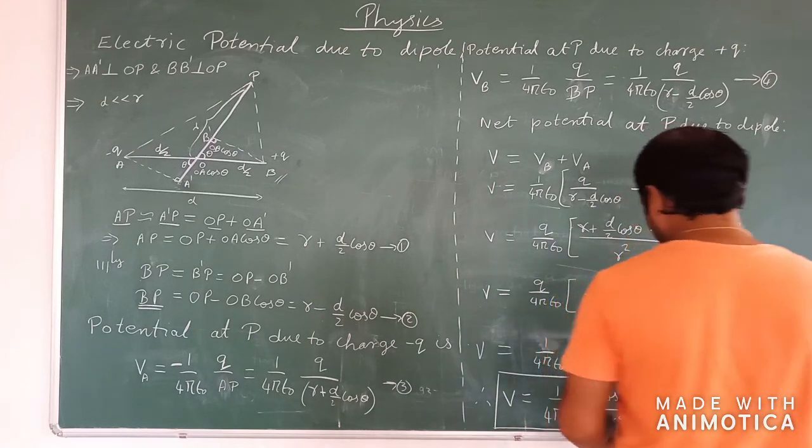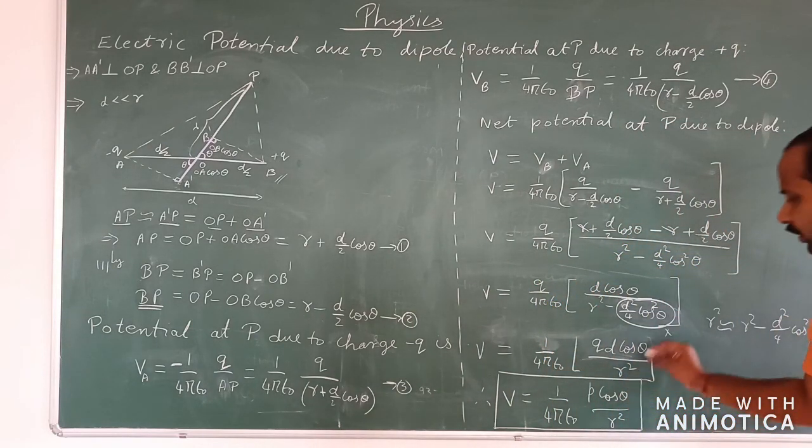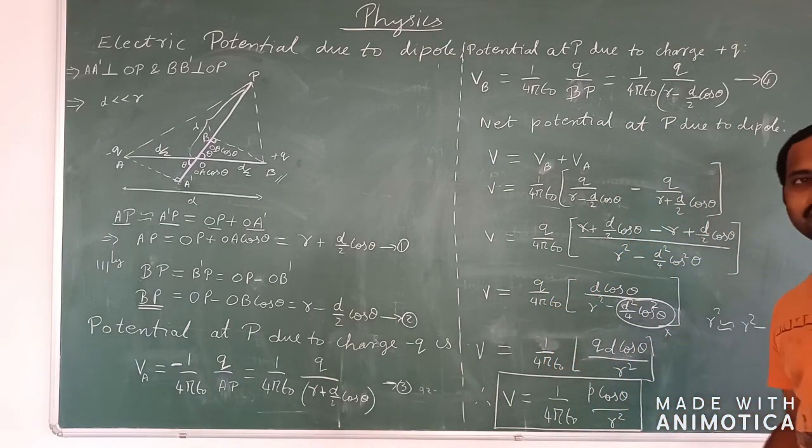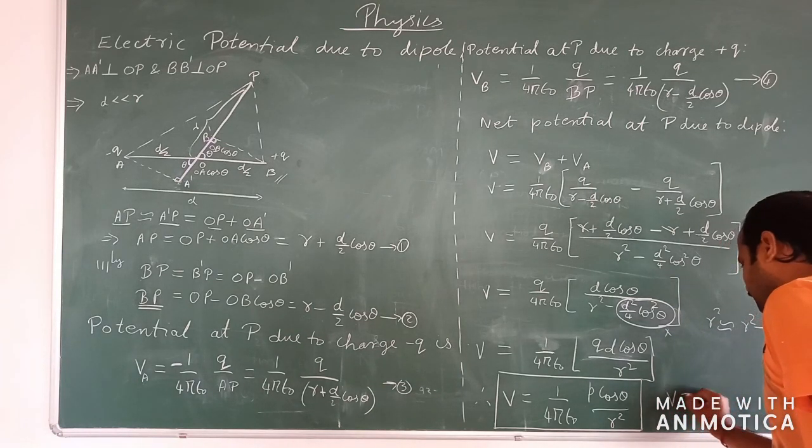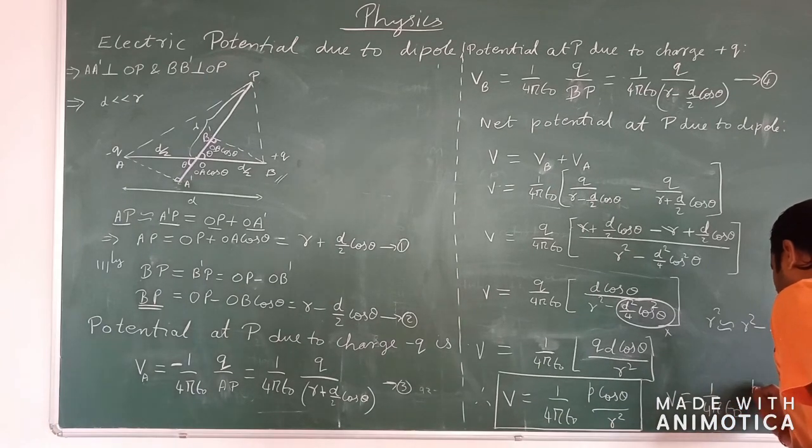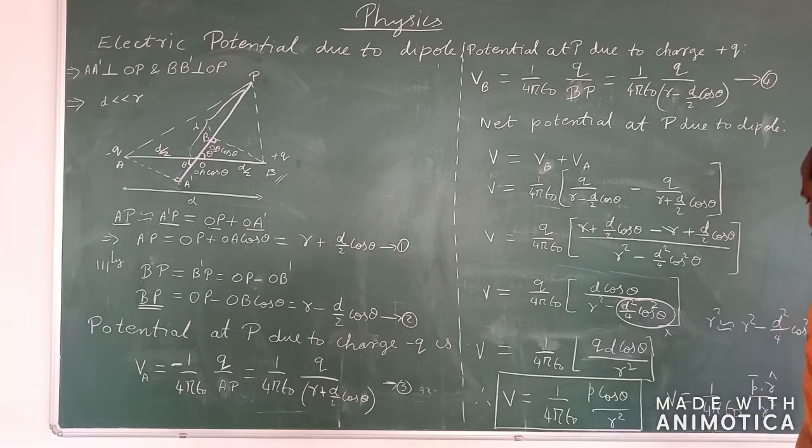Now we can see that this expression can also be written in vector form, as a dot product: V is equal to 1 by 4 pi epsilon naught into P bar dot R cap divided by R square.